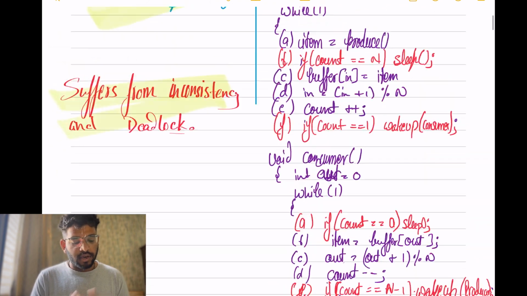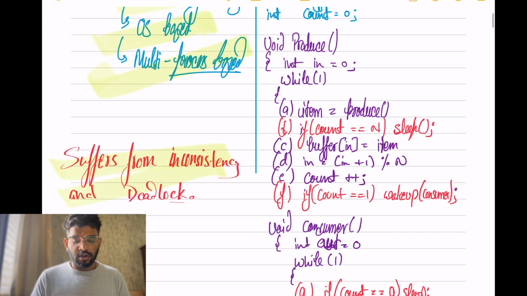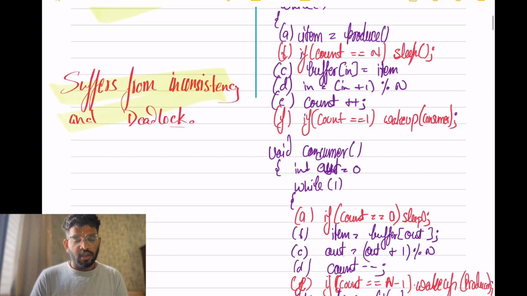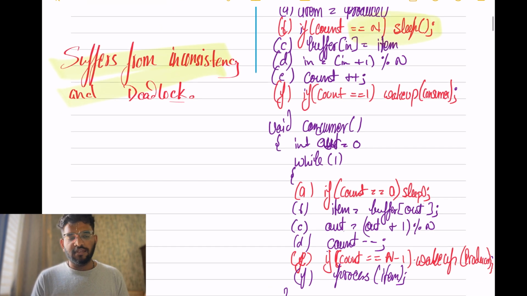Why do we say that it suffers from inconsistency and deadlock? See, what happens is like this. Initially, the buffer is full. So the producer goes to sleep. Just before the producer executes this sleep statement, it gets preempted and the consumer starts consuming. There is a buffer of n. Let the consumer consume 1 or 2 packets.